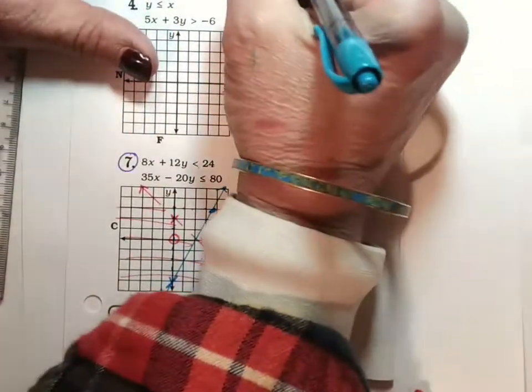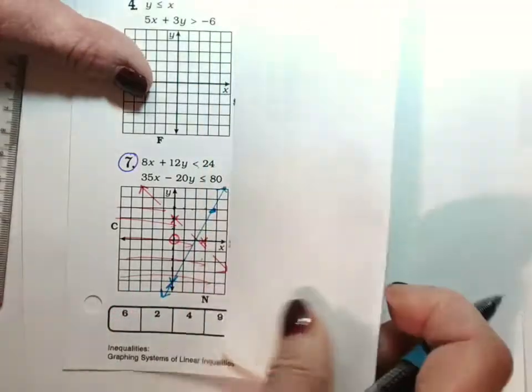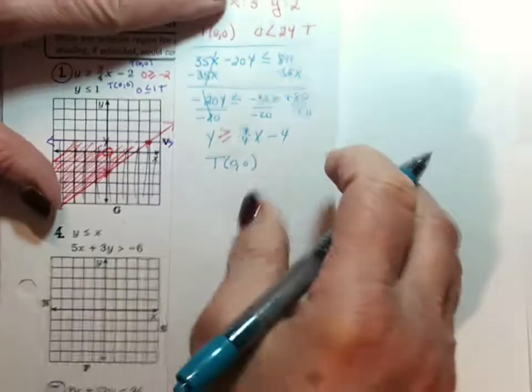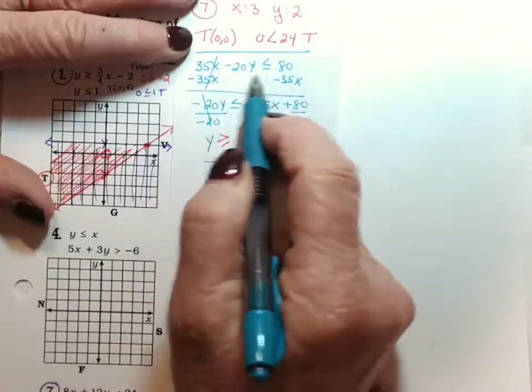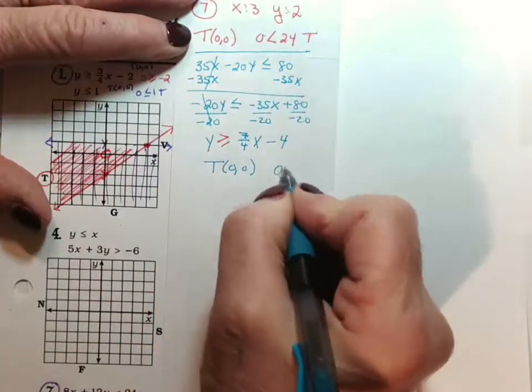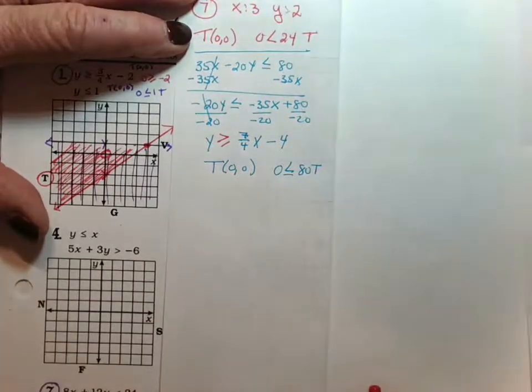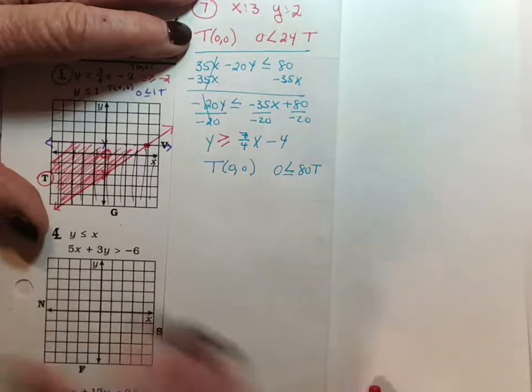Okay. Now I'm going to test 0, 0 in the original equation. So 0 less than or equal to 80 is true. So I shade the side that has the origin.